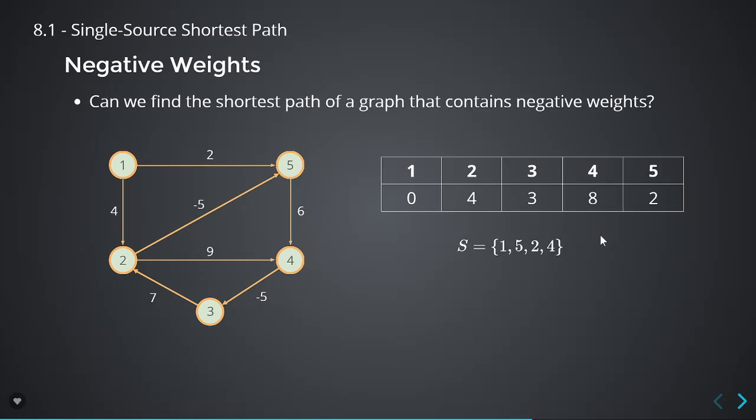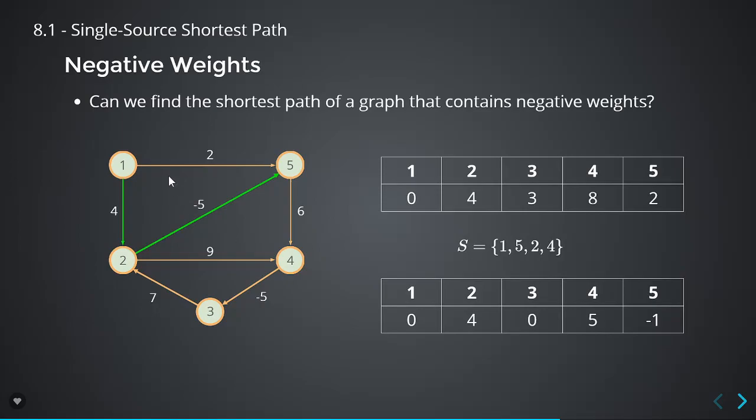And hopefully you can see that this is wrong, because I can go from 1 to 5 at a cost of -1 by going 1 to 5. And it gets worse, because if I can go from 1 to 5 at a cost of -1, that means I can go to 4 at a cost of 5 instead of 8.